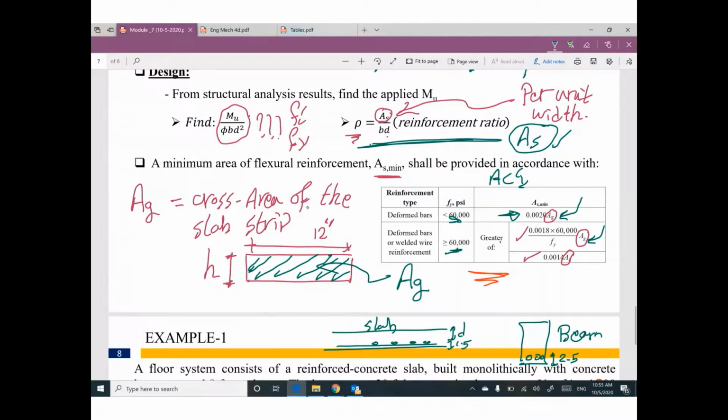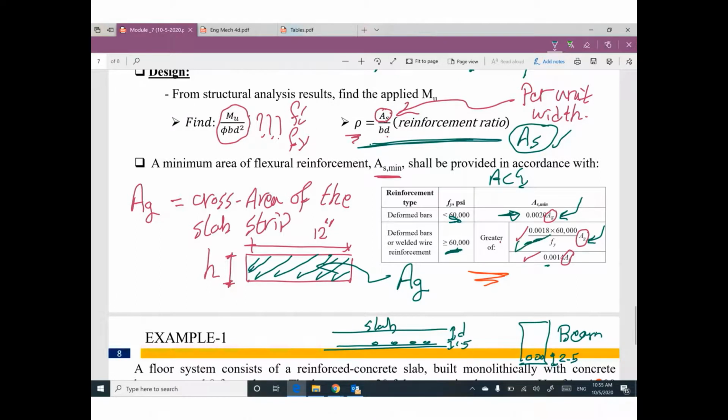I'm going to use this expression or this expression. Which one is greater? Let's start with the first one: 0.0018 times 60,000 divided by 60,000. It will be 0.0018. This one is 0.0014. Which one is bigger? This one.